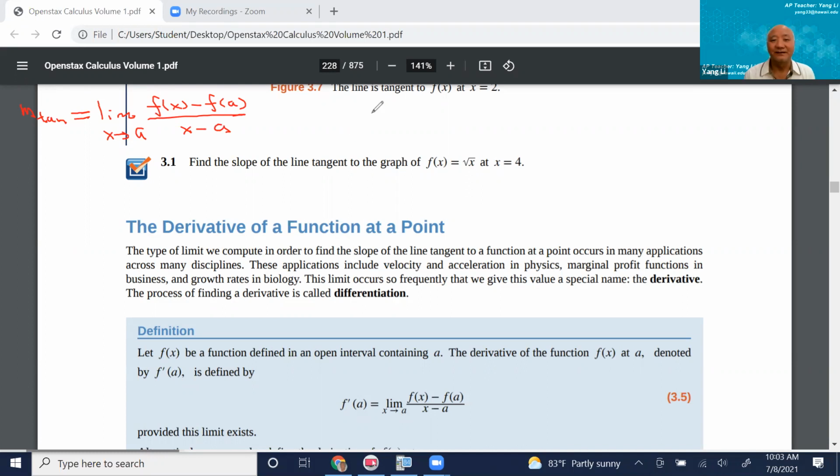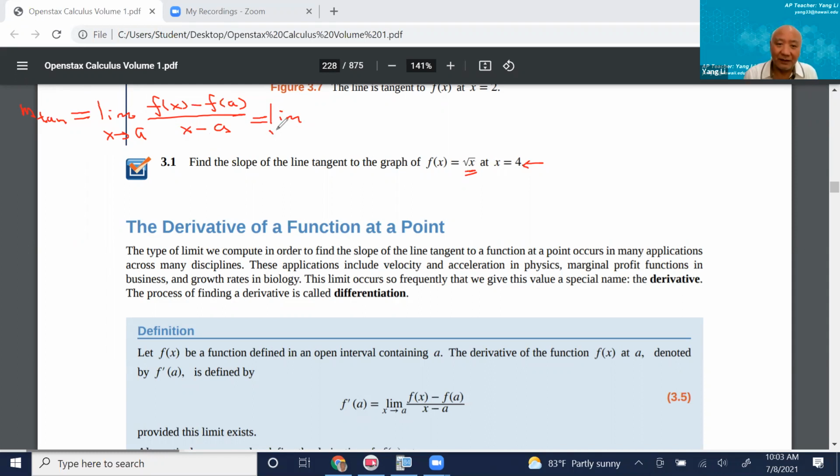All right? So this is the first definition of slope of tangent line, right? Okay, now be careful here. a is the 4 here right now, and the function is the square root of x. So we will have a limit. We apply this definition of slope of tangent line to this question now.